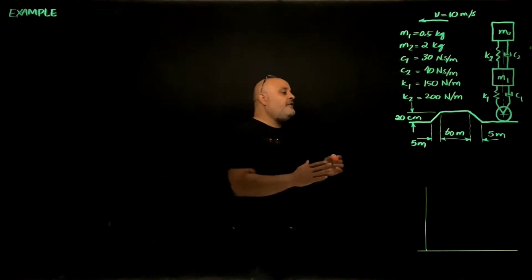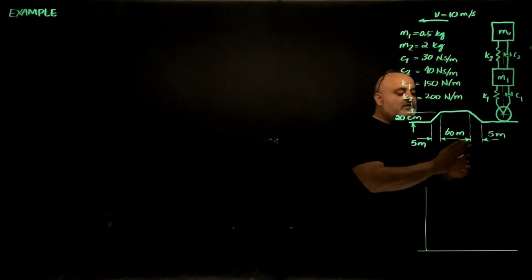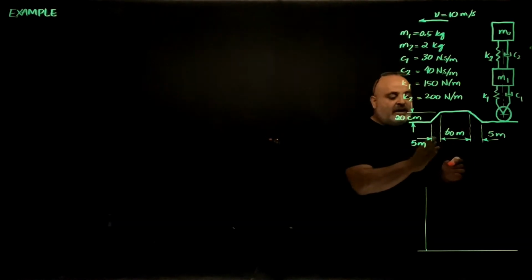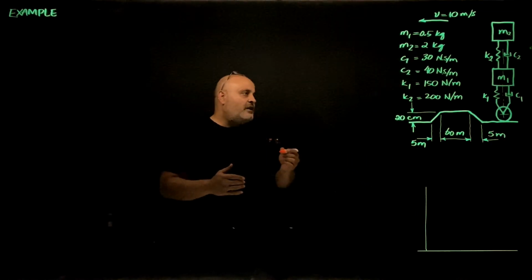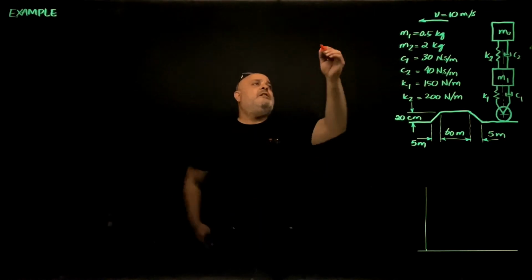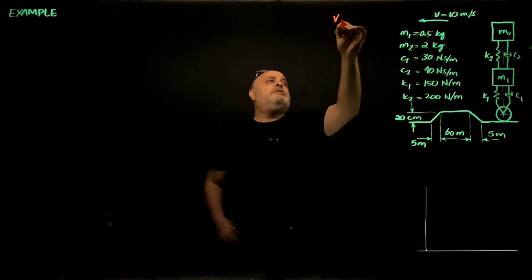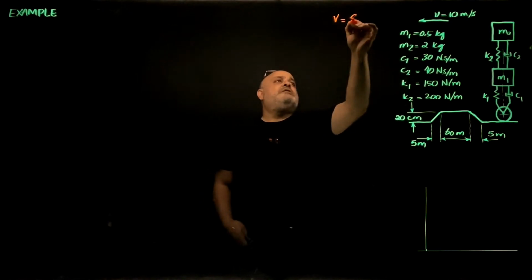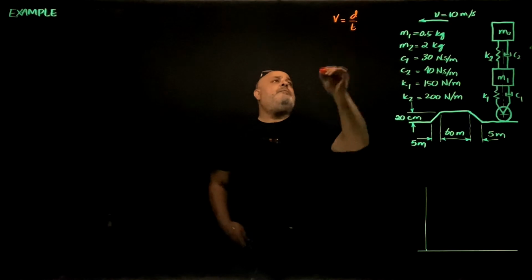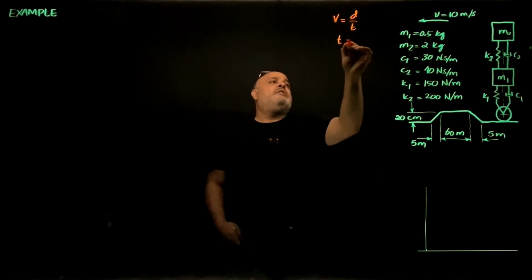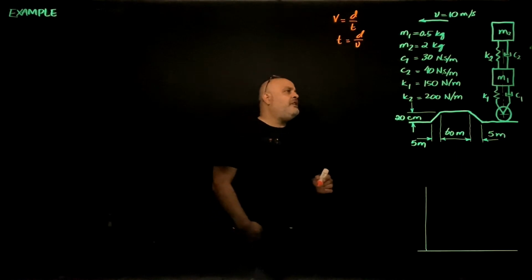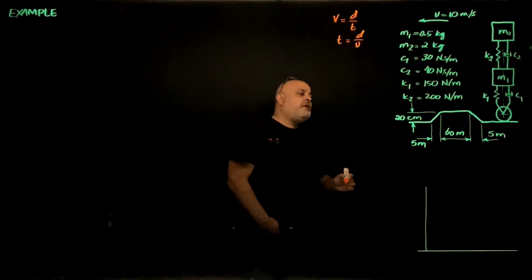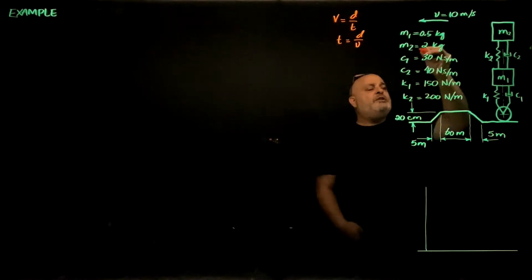So I have to convert these distances, the 5 meters, the 60, the 5, into time. And how do we do that? We know that the speed is distance divided by time, which means that time is distance divided by speed or velocity. So our velocity here is 10 meters per second.